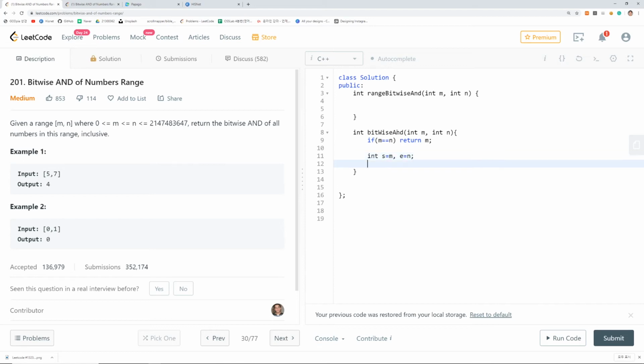And I need count variables, count 1, which is 0, and count 2, which is also 0. I'm gonna divide those numbers by 2 and find which scope those numbers are in.